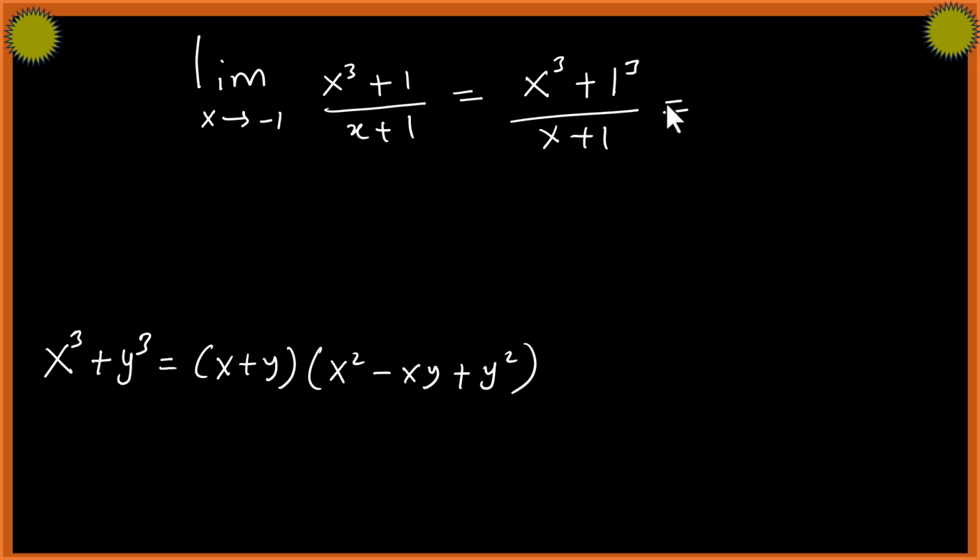So let's go ahead and expand this one. We assume x is x, then y is 1 here. So we have (x plus 1) times (x squared minus x times 1 plus 1 squared, that is 1), over x plus 1.